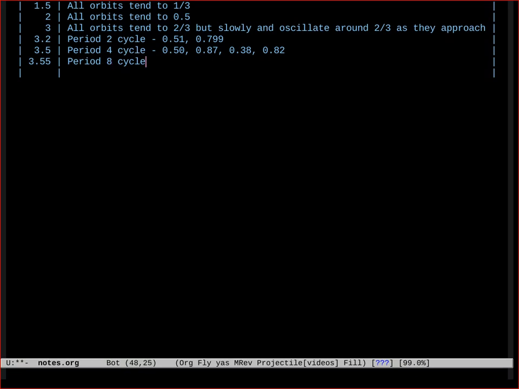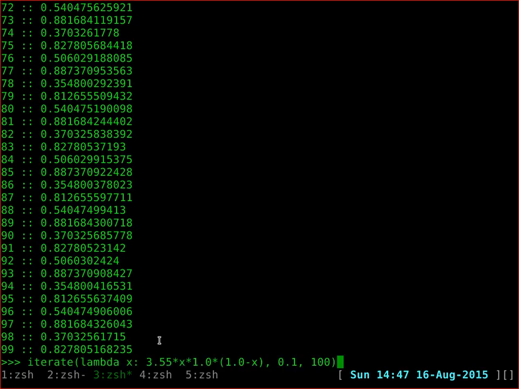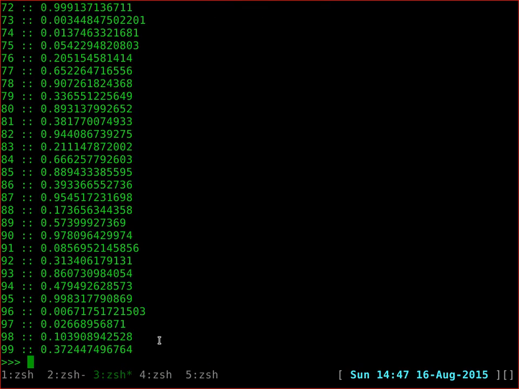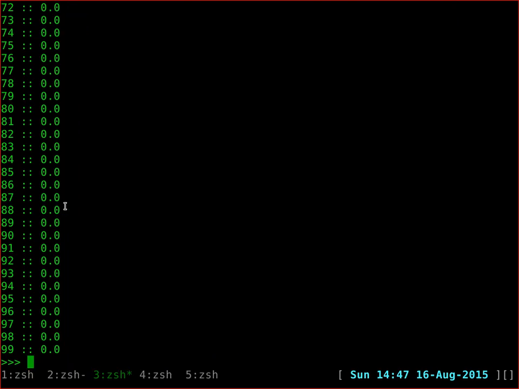So these are the remaining ones. These are the values in the period 8 cycle. Keep them here. Now let's increase it a little bit more. Let's say we go to 4, which was what I mentioned, like the edge thing. This is interesting because it goes completely out of control. There is no pattern. It looks like as if it's completely out of control.